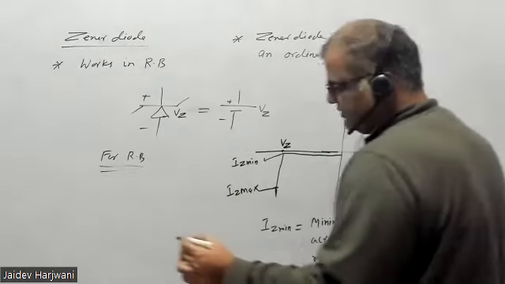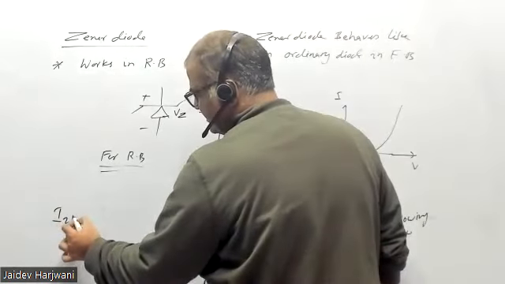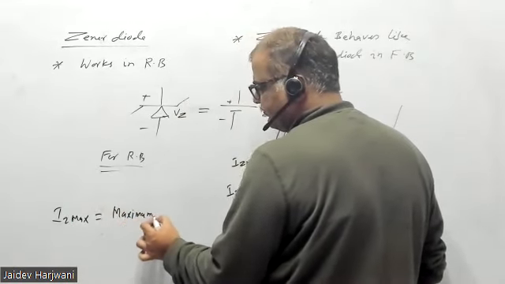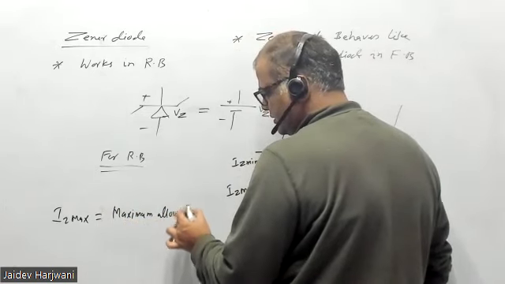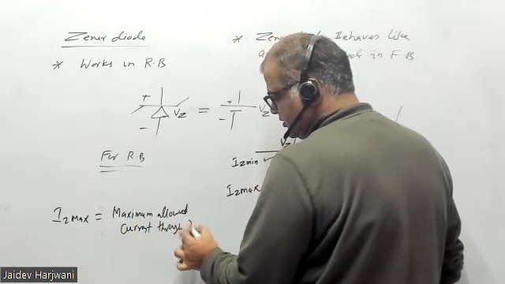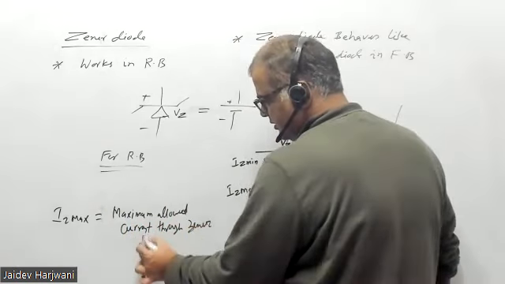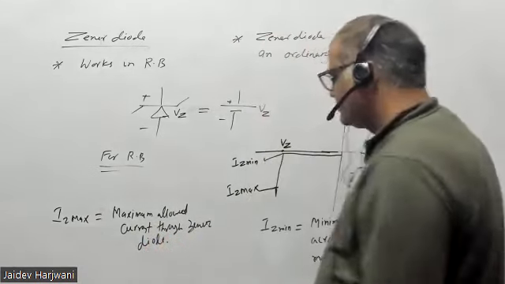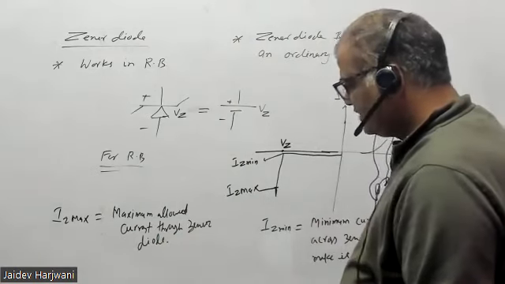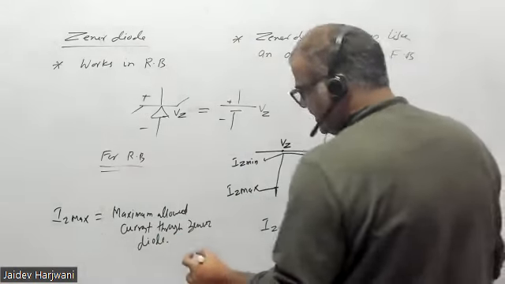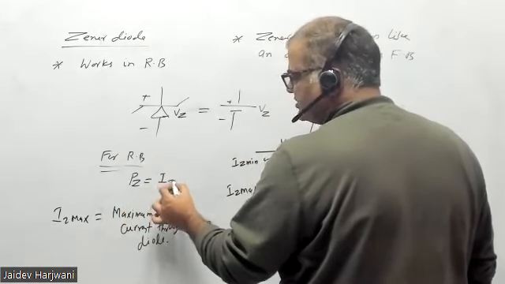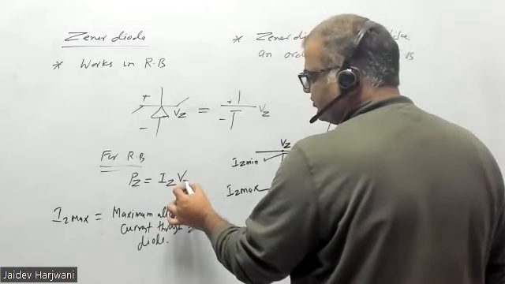IZ max is the maximum allowed current through the Zener diode. If current goes beyond this, it will burn. If I want to know how much power it is dissipating, you can simply find how much IZ is flowing and the voltage across it, which is constant.